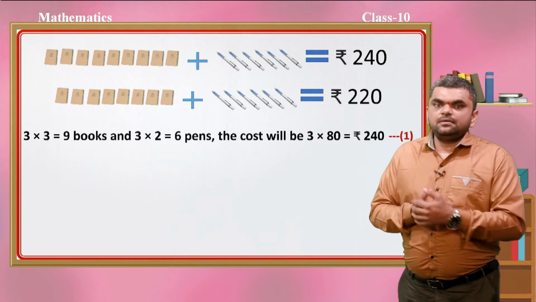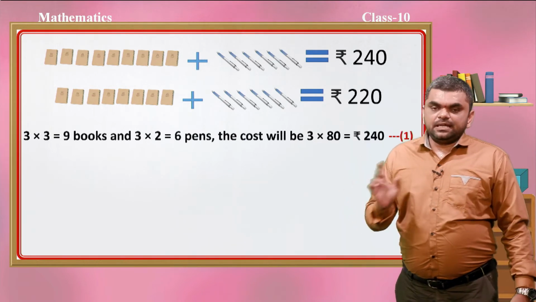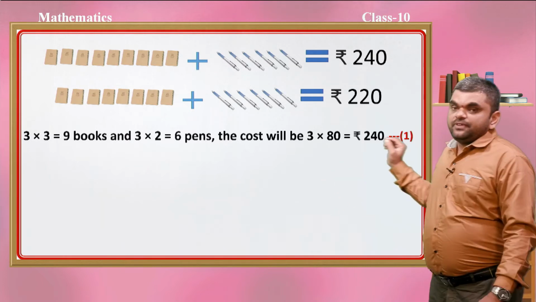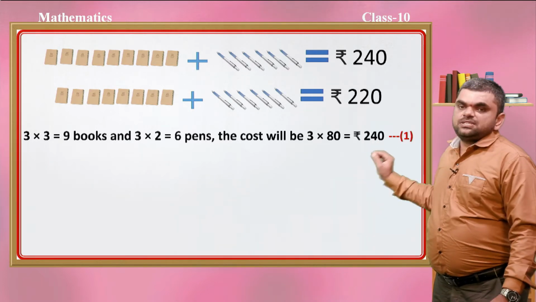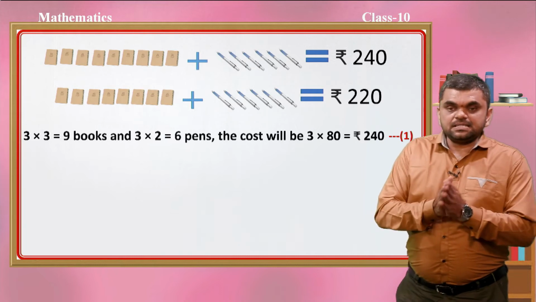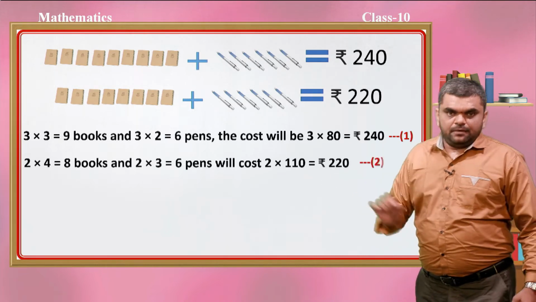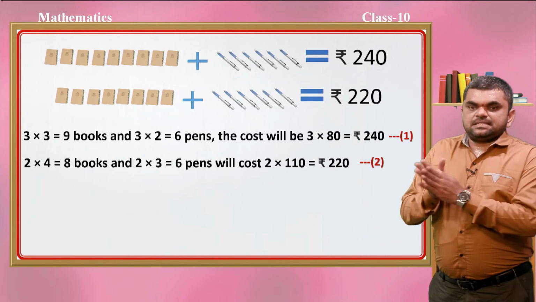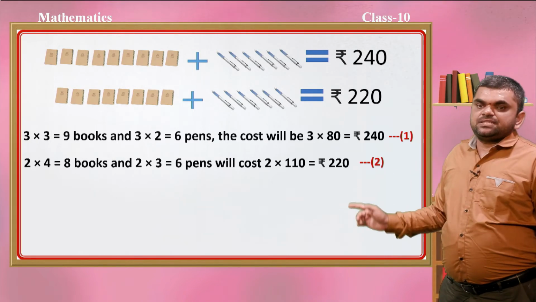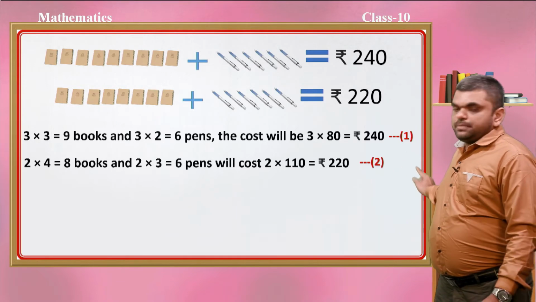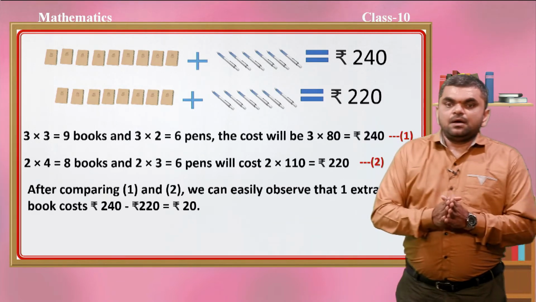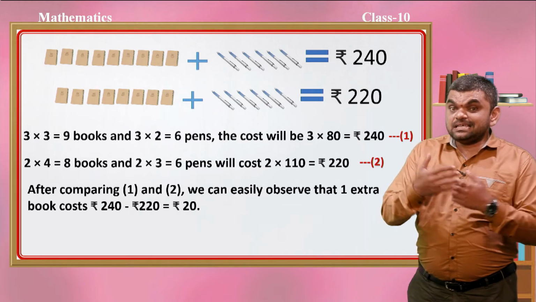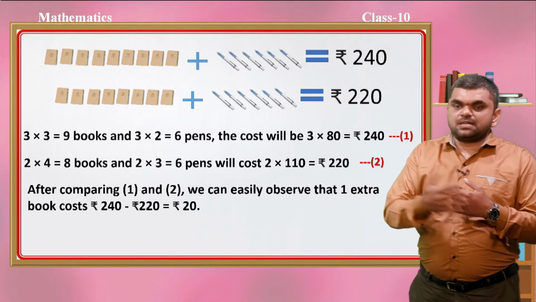Observe here, children, 3 into 3, that is 9 notebooks and 6 pens cost 3 into 80, which is equal to 240 rupees here. We consider this as equation number 1, whereas 8 books and 6 pens cost 220 rupees. We consider this as equation number 2 here. After comparing equations 1 and 2, we can easily find the cost of the extra.